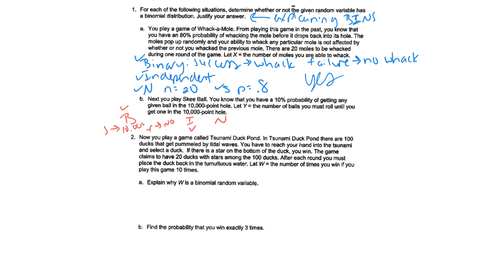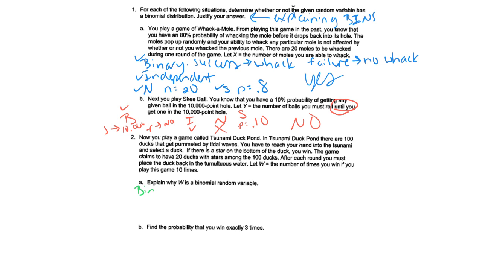Your set number of trials, there is none, right? It says until you get one in the hole. So that would be what's called a geometric, and we will do those next time. Your set probability is the same actually. We've got p equals 0.10, but it is not a binomial because it does not have a set number of trials.